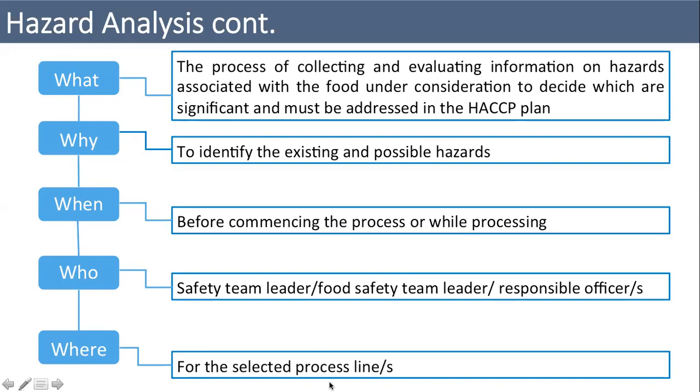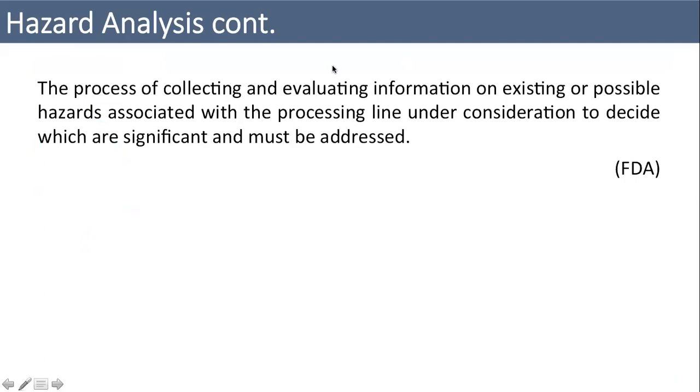That is why I have put selected process line or lines. According to FDA, hazard analysis means the process of collecting and evaluating information on existing or possible hazards associated with the processing line under consideration to decide which are significant and must be addressed, right?